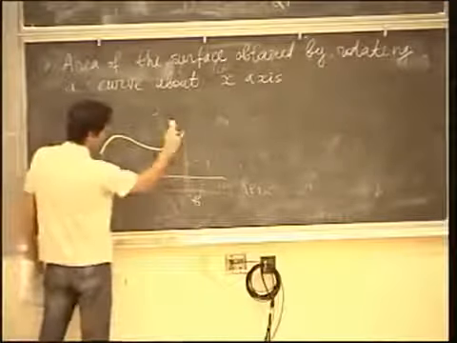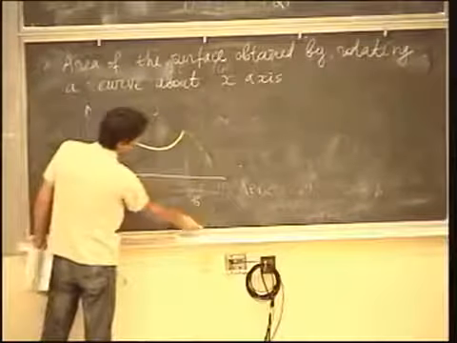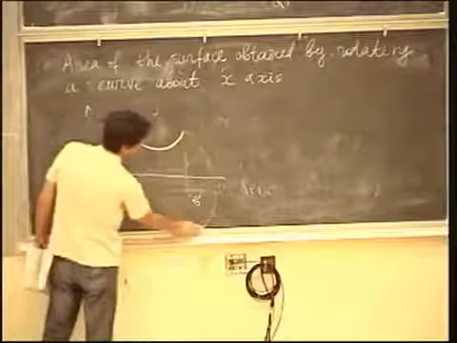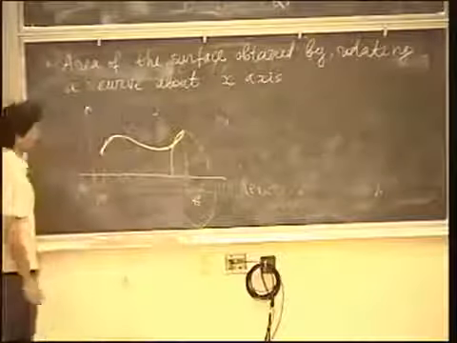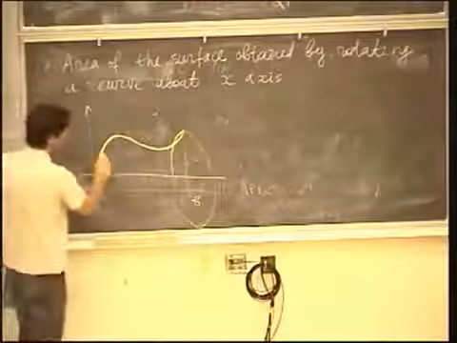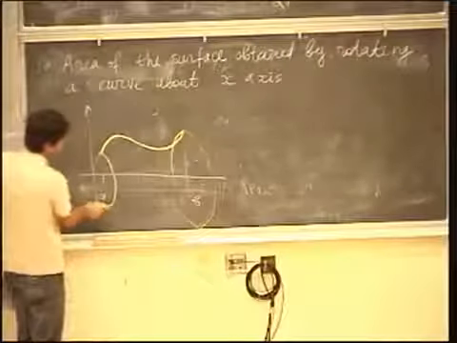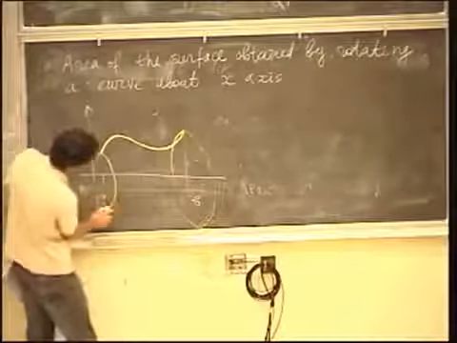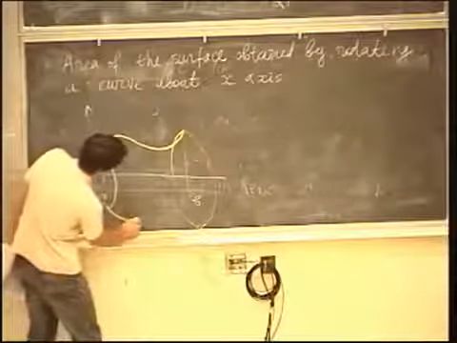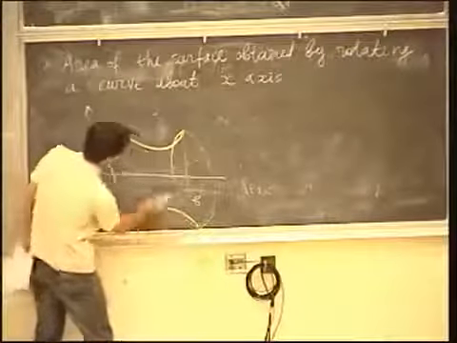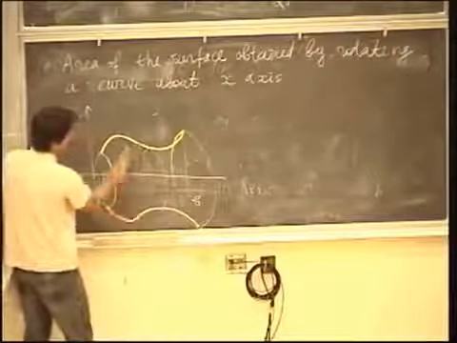When we rotate, each point on the curve makes a circle. Like for example, this point makes a circle, and then this point also makes a smaller circle because it's closer. And the curve itself appears many times, so it looks something like this. And then here also you have a circle, and here you have a circle, and so on.